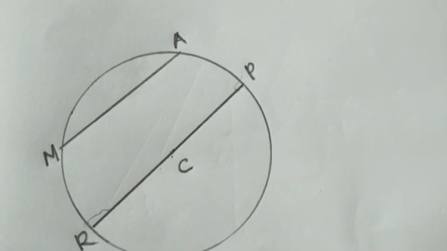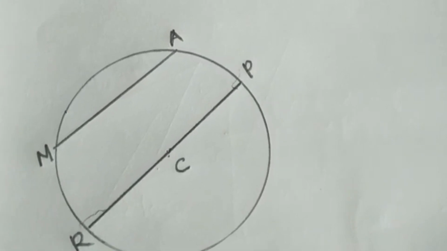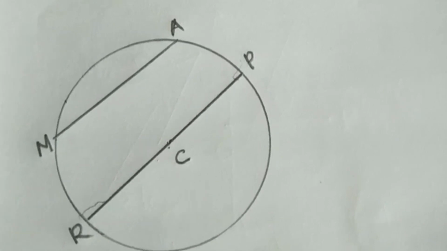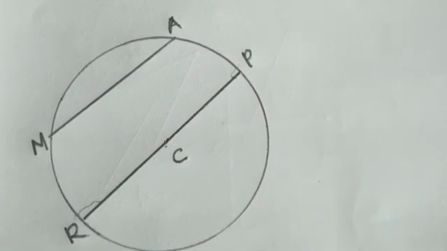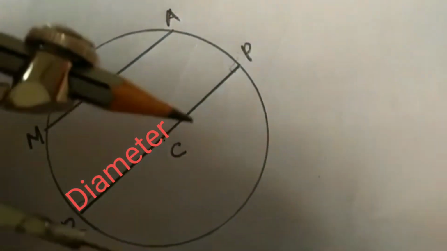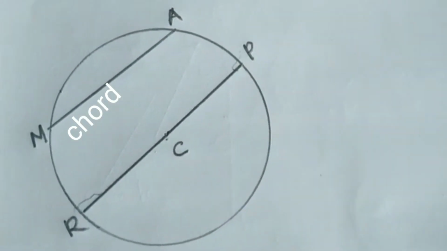Diameter is the double of the radius. Understood the relation between radius and diameter? Diameter will be the double length of a radius. Radius is the line segment from the center of the circle to any point on the circle.